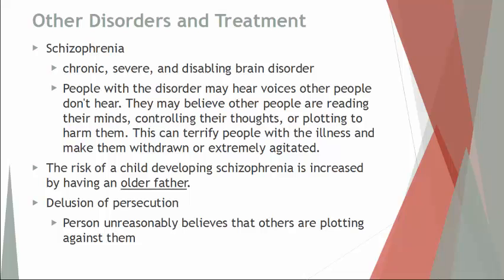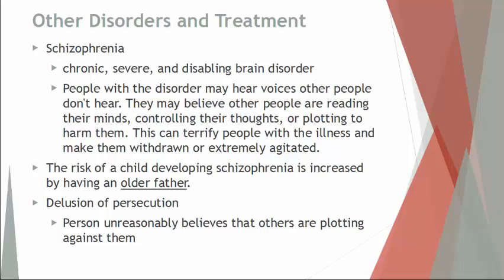People are trying to plot against them. They become very, very paranoid, very agitated. Because of that, they tend to be withdrawn, because they don't know who to trust and who not to trust, because they hear things that aren't there. They think things that aren't true. So it's a very, very disabling disorder.